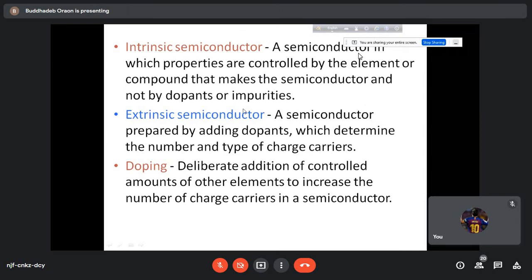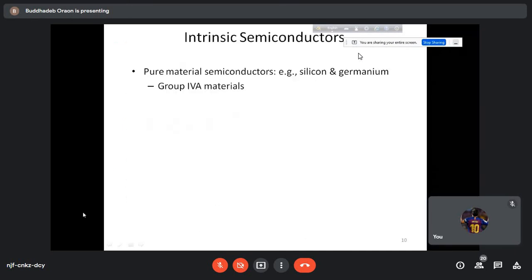That is why we apply other techniques to increase the number of charge carriers, and one of the processes is doping. Doping is a process by which we deliberately add some materials into the intrinsic semiconductor to increase the number of charge carriers.